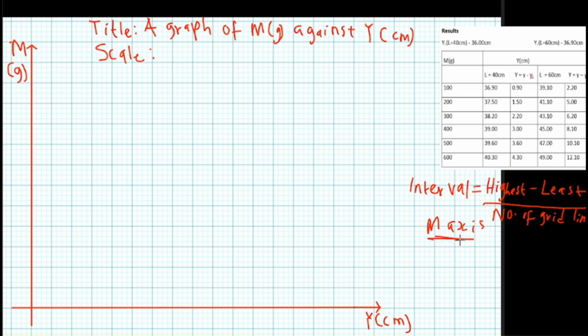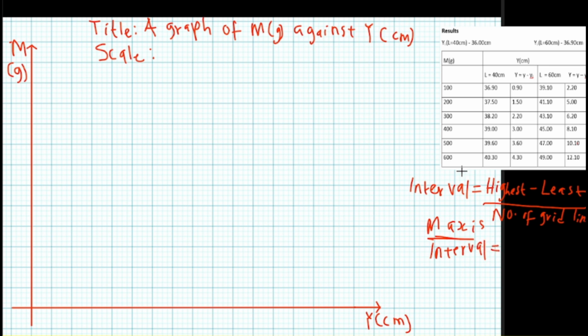Looking at the column for M on the table of values, our highest value is 600, and the least value is 100. So let's try to get the interval for M axis.